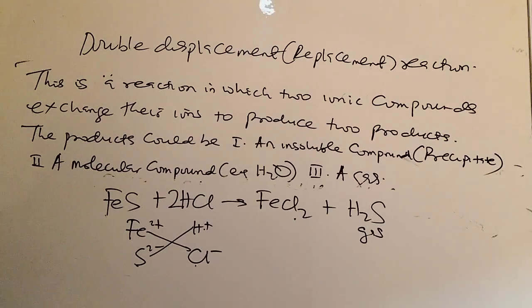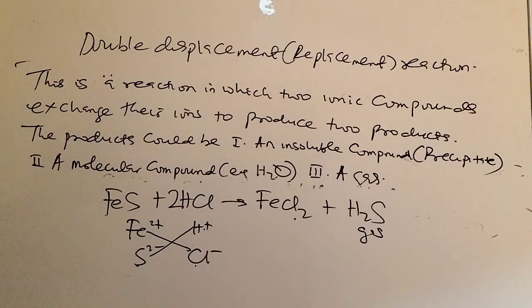Just go to the video. All chlorides are soluble in water except silver chloride, lead-2 chloride, mercury 1 chloride, copper 1 chloride. These ones are insoluble. All carbonates are insoluble in water except those of group 1 and ammonium carbonate.